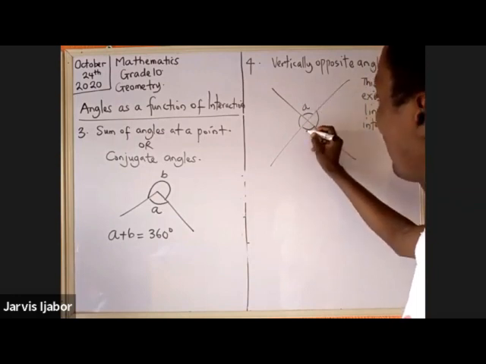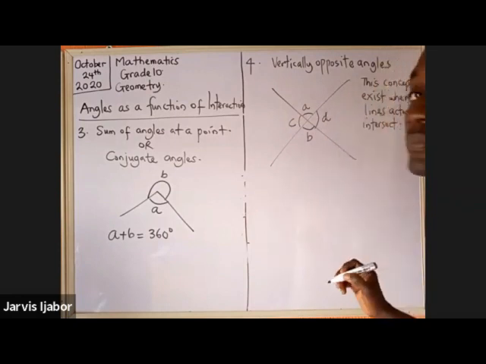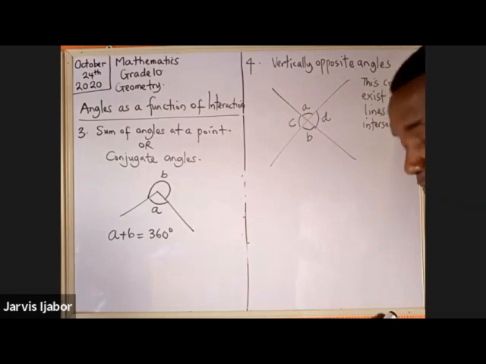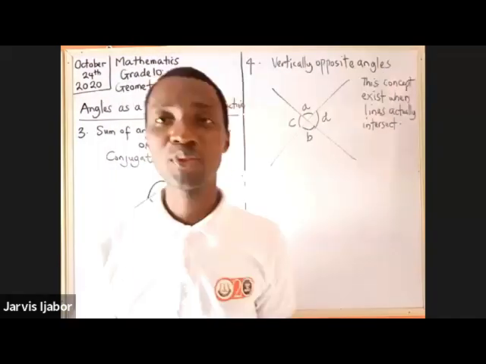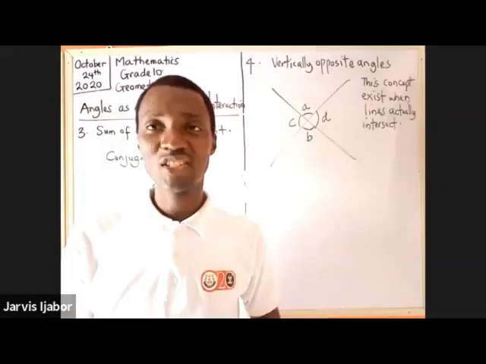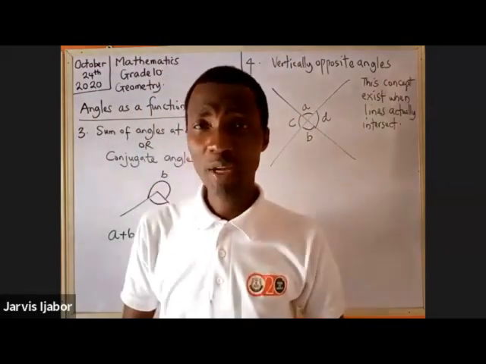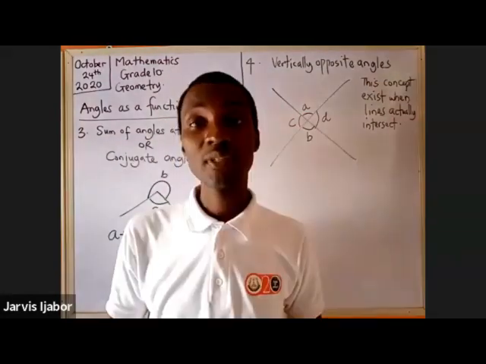A, B, C, D. So what do you have? So what angles are vertically opposite angles? Now let's come back to Nigeria. Sometimes we have things in Nigeria that can help us explain some of these things. You may be children, but I don't know that you've been privileged to hear what they call face me, I face you.